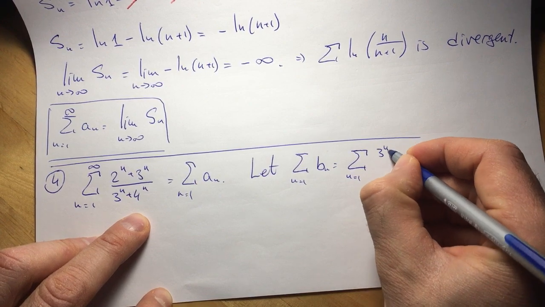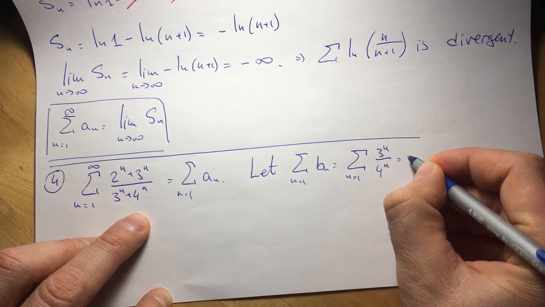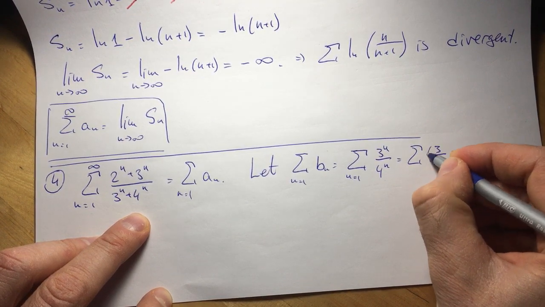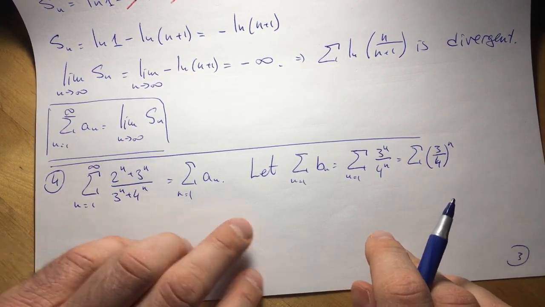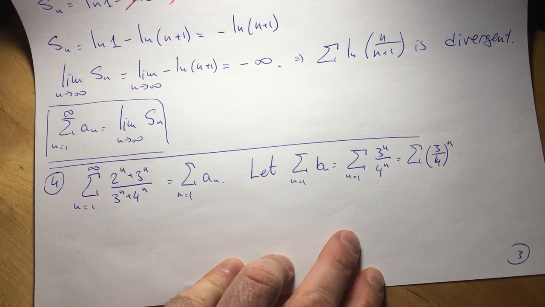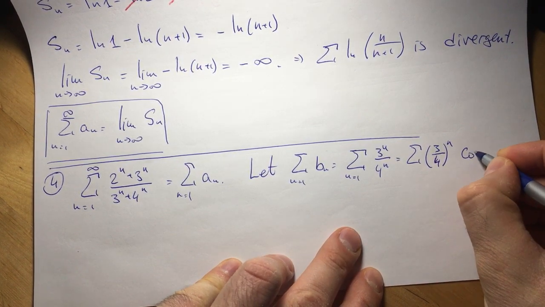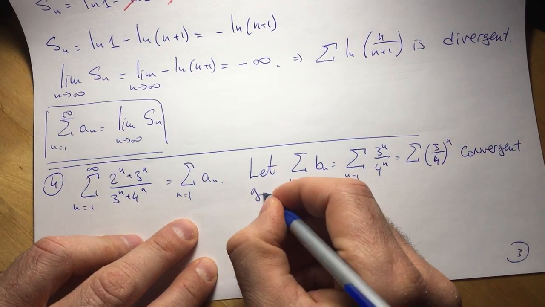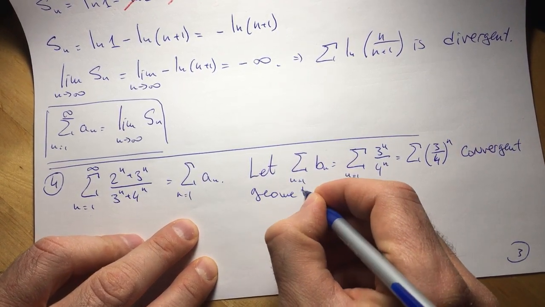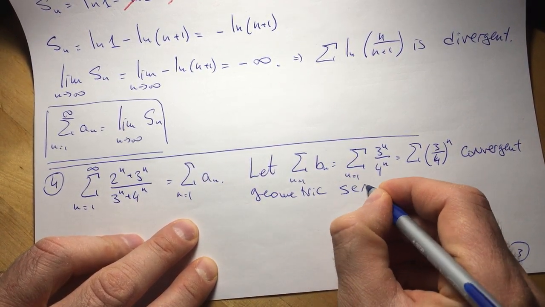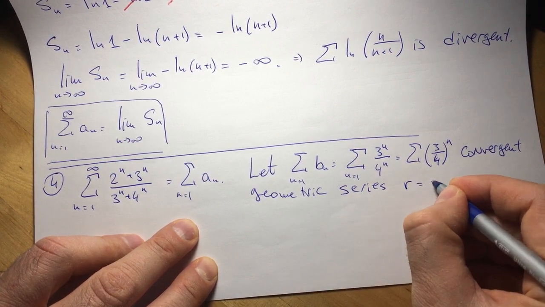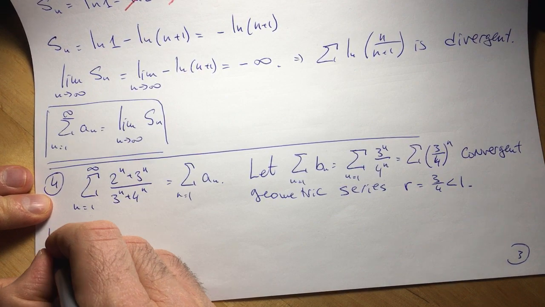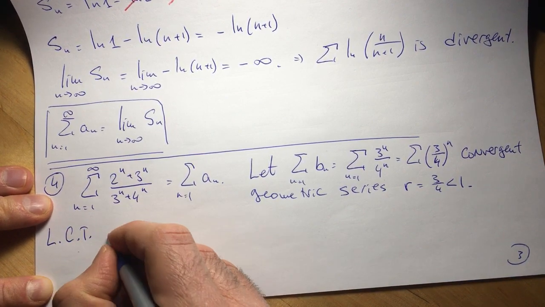That's 3 to the power of n over 4 to the power of n, which is a convergent geometric series, with r being 3 over 4, less than 1. And now do the limit comparison test.